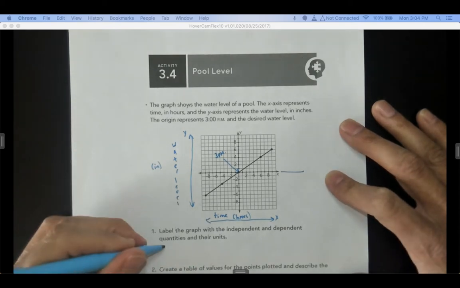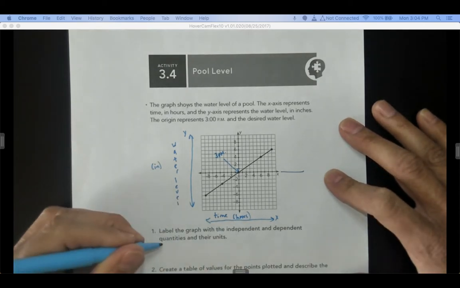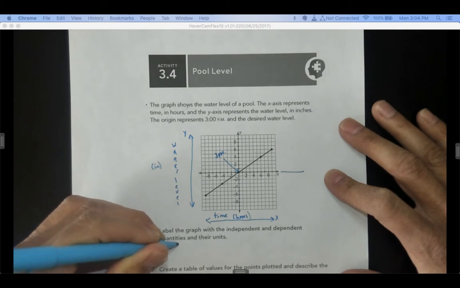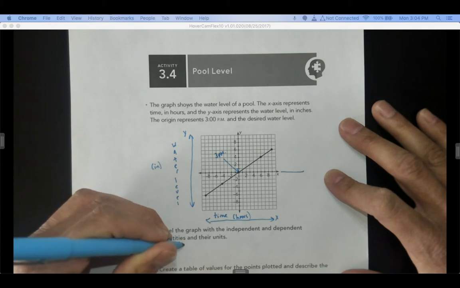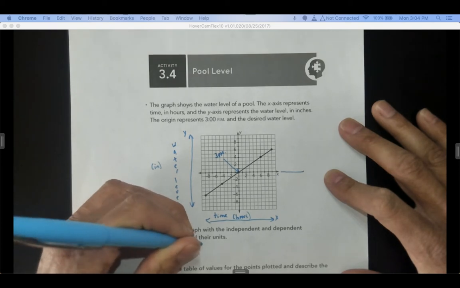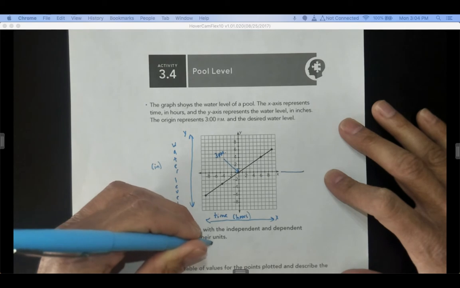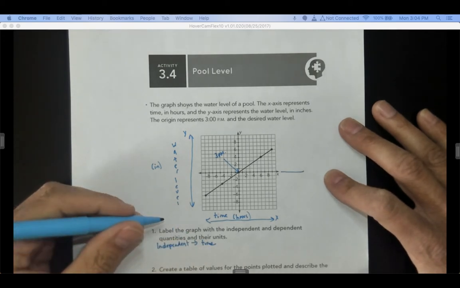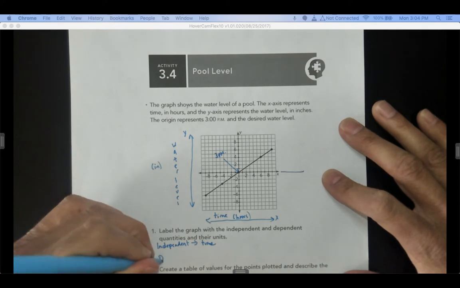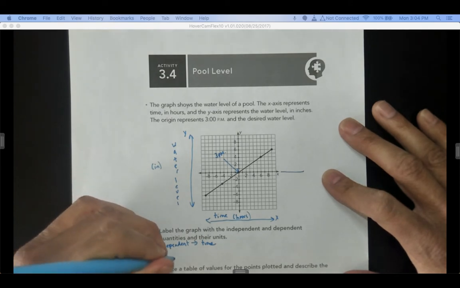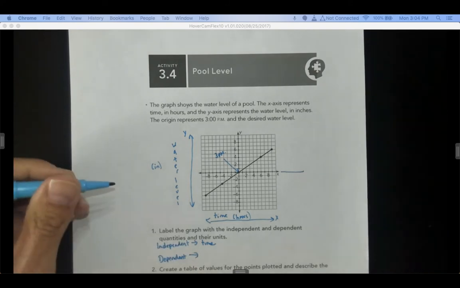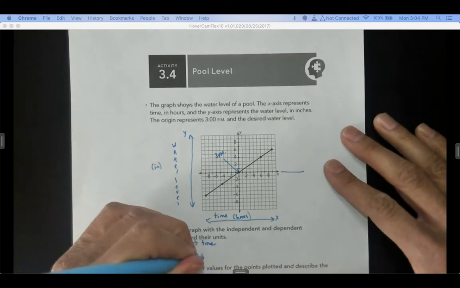Well, in this one, almost always along the x-axis is the independent variable, and that's going to be time. And then the dependent variable, which is almost always on the y-axis, is water level.